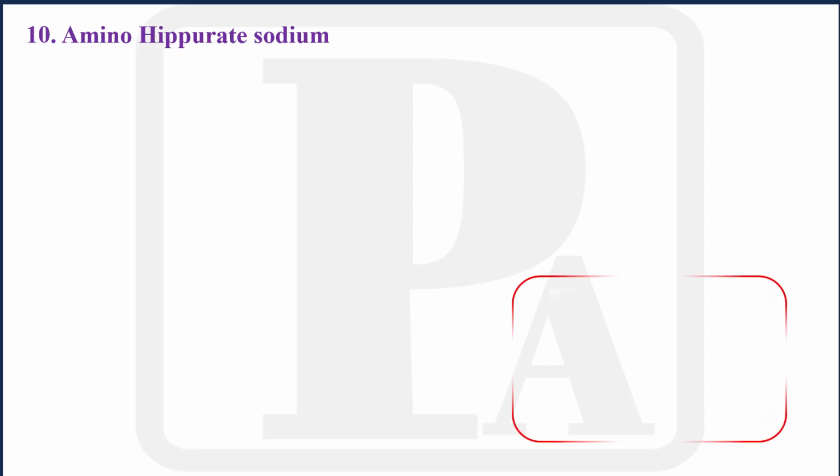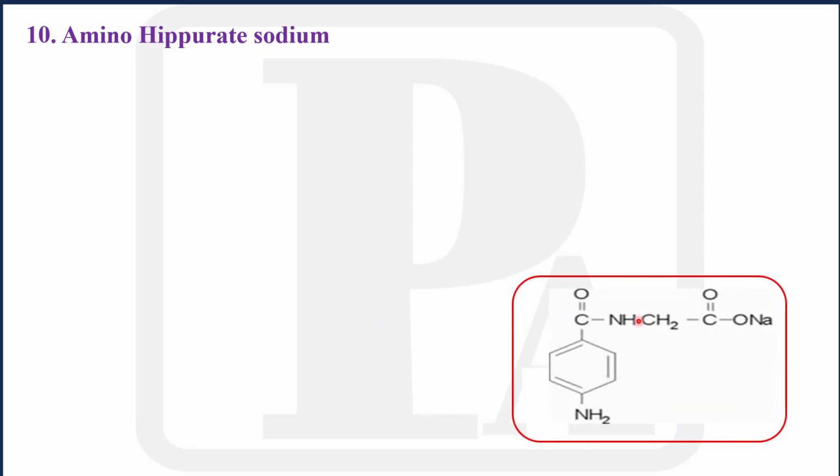So next agent is aminohippurate sodium. Look at the structure. We have the structure of hippuric acid. Hippuric acid has two parts. This part is called benzamide, and that benzamide is fused with acetic acid, and that is called hippuric acid. What are the two parts of hippuric acid?